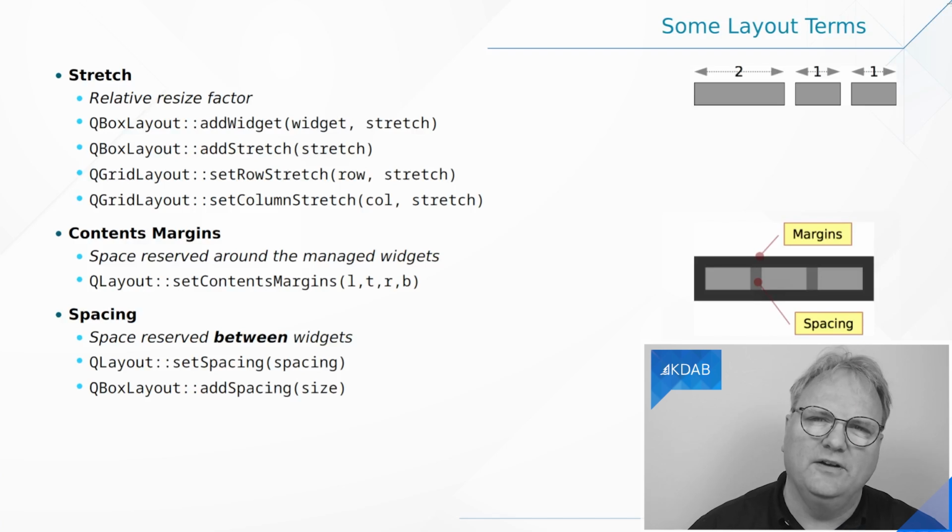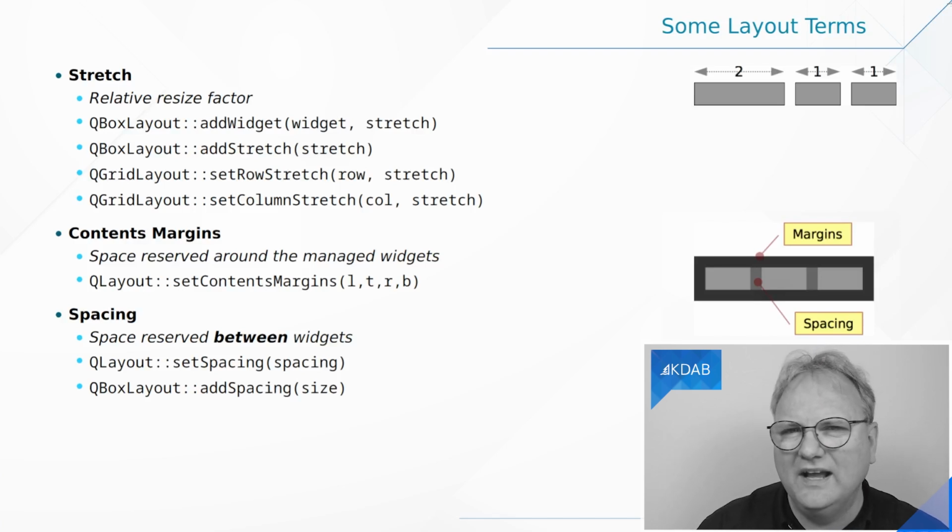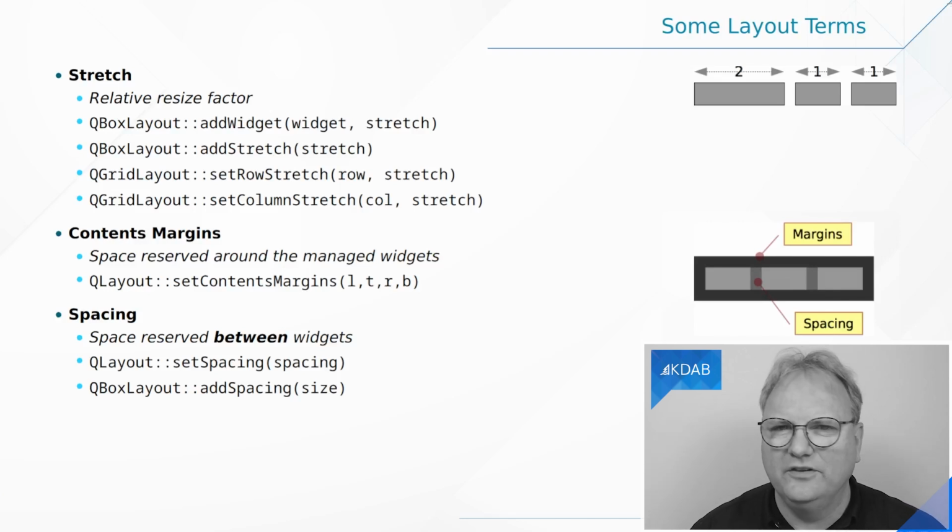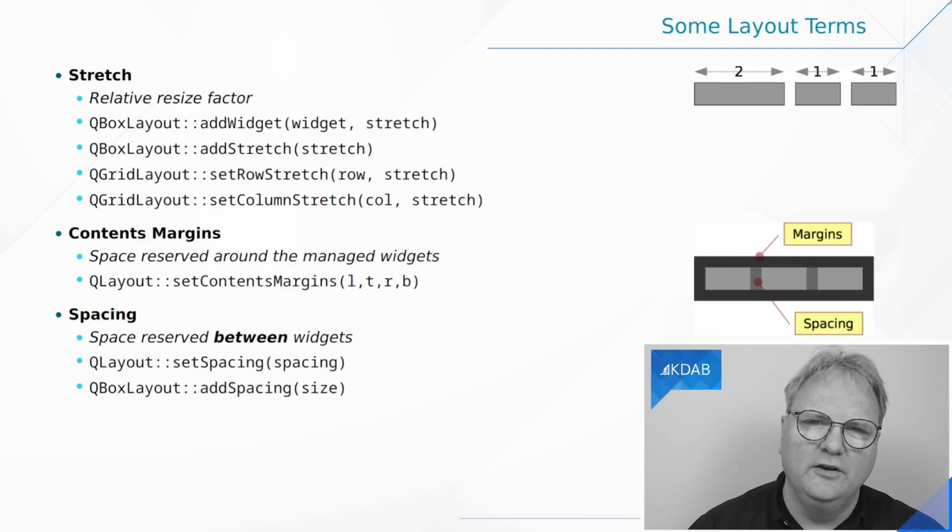But how do you specify, if you have two line edits next to each other, which would obviously have the same sizeHint, that when you resize the dialog, one should get more of the additional space than the other? Well, that you specify when you programmatically add the widgets to the layout managers. If you look here on my screen, you can see we have the QBoxLayout, so that's the HBox or VBox layout.